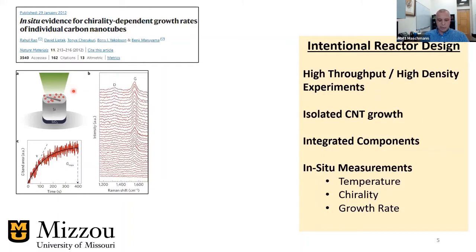And so the laser supplies heat to the catalyst, and the whole system is enclosed, so he can flow hydrocarbon gases through, and he can facilitate a chemical vapor deposition process. And so he can grow carbon nanotubes, isolated carbon nanotubes on the top of these pillars. And as he's doing it, he can use a spectrometer to measure things like the temperature of the silicon pillar, the chirality of the carbon nanotubes themselves.